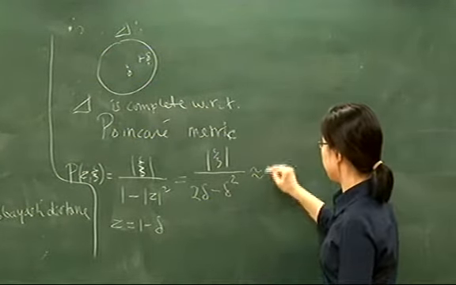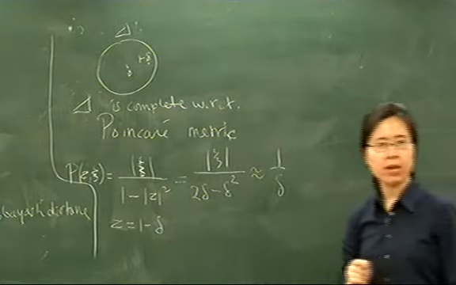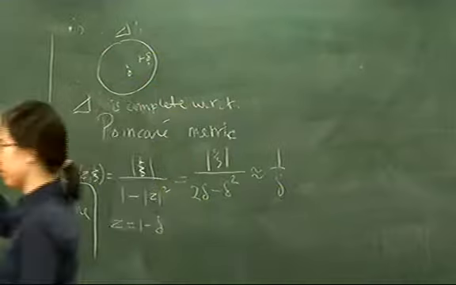So this is approximately 1 over delta. So if you integrate 1 over x from 0 to something, then it's infinity.